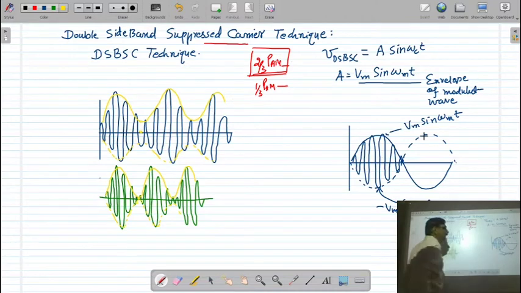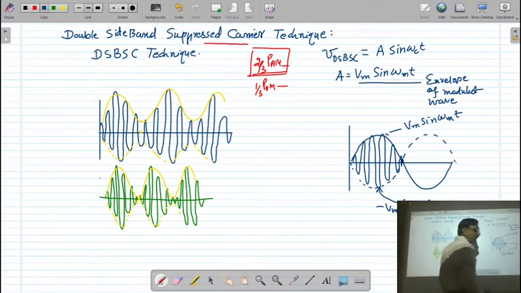But here in this case, the positive envelope as well as the negative envelope is going to cross each other. Not only that, here again, if you see this waveform, there is a 180 degree phase shift. What kind of a 180 degree phase shift? After this zero crossing, here you can see we have the positive cycle. Now what should be the next one?